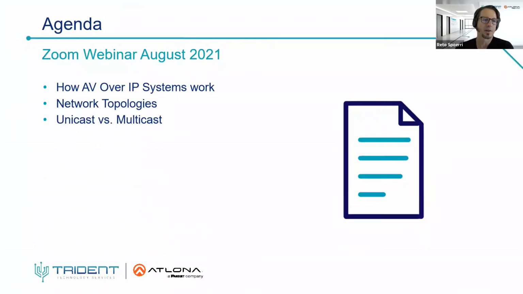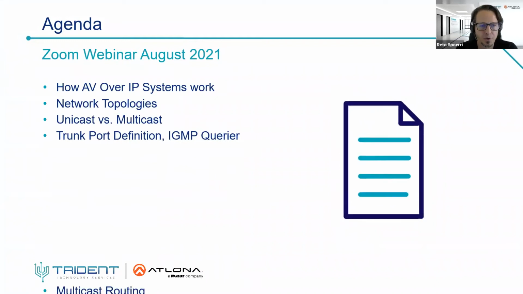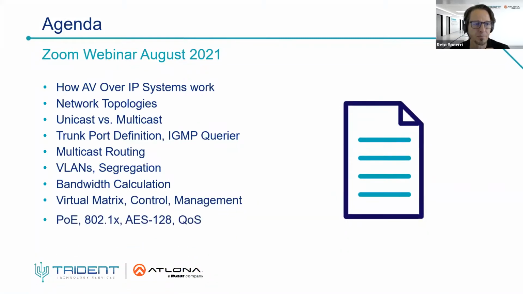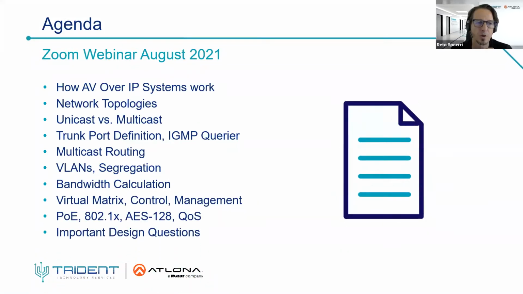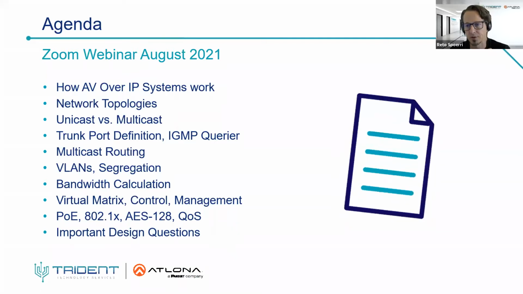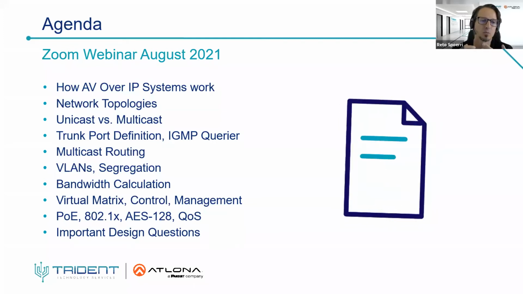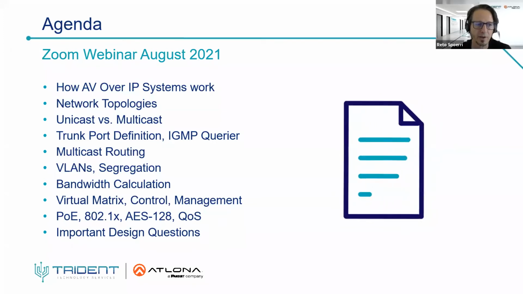So I will talk about how AVoIP systems work, globally speaking. Then we will look into the different network topologies. We will talk about what is unicast compared to multicast, and what are the benefits of both of the systems. And then some technical terminology like trunk port definition, IGMP querier.